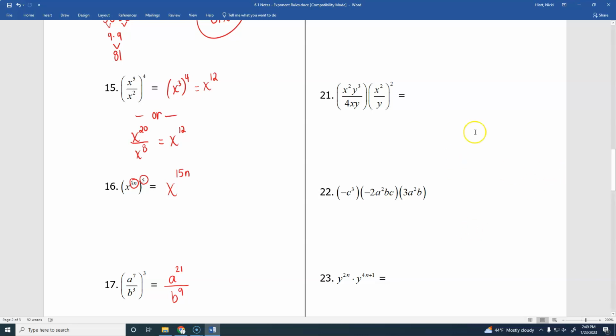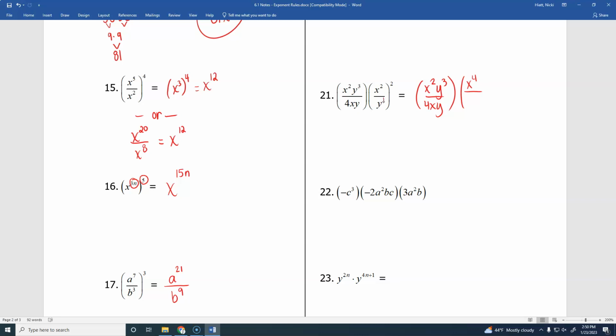All right, deal with that second fraction first. Okay, I like that because order of operations tells me I've got to do exponents before I can multiply, right? So I cannot put these two together and then raise it to the second power. That square only goes with the second one. So that's going to give me x squared y to the third over 4xy times x to the fourth over, what goes in the bottom?